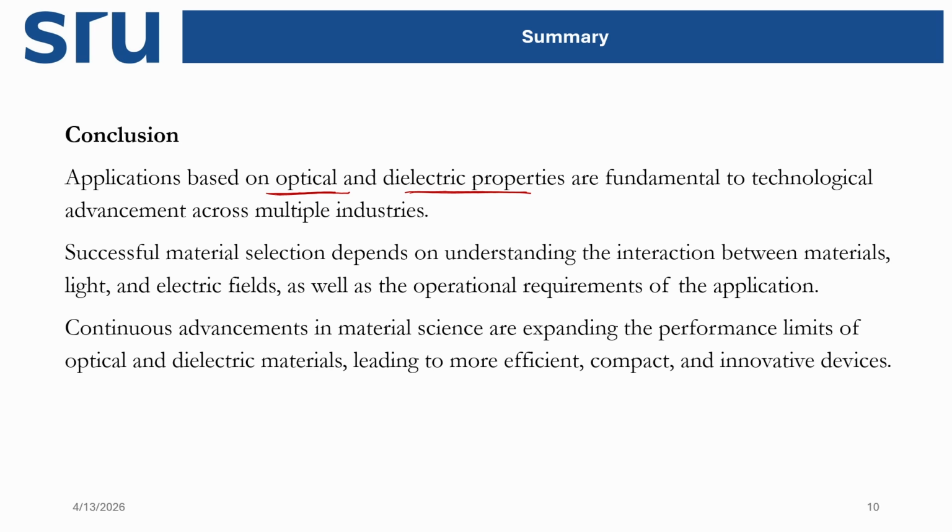Successful material selection depends on understanding the interactions of the material with light, which we covered in the optical discussion, and with the electric field, which is the electrical properties of the material, as well as the operational requirements of the application, meaning whether we are using it for energy storage, capacitors, lenses, or optical fibers. According to how we want to use it, the properties or parameters can be decided.